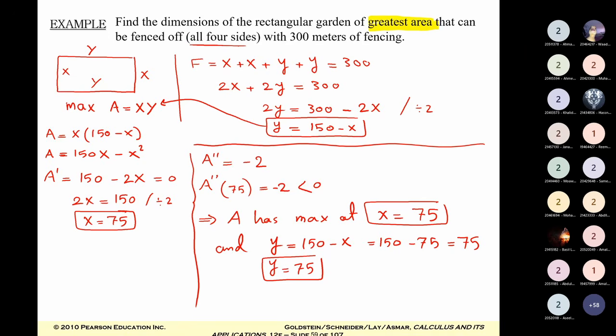If we need to find the area, it equals x multiplied by y, so 75 multiplied by 75. That equals 75 squared, which is 5,625.